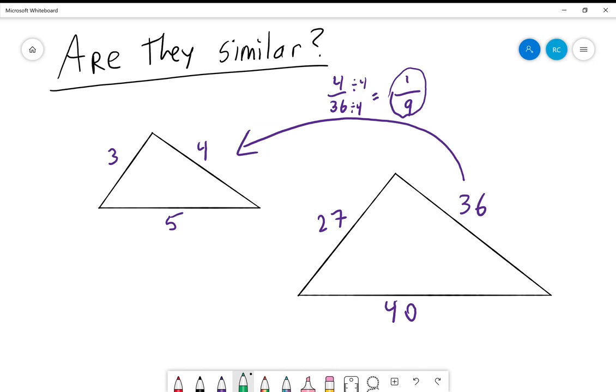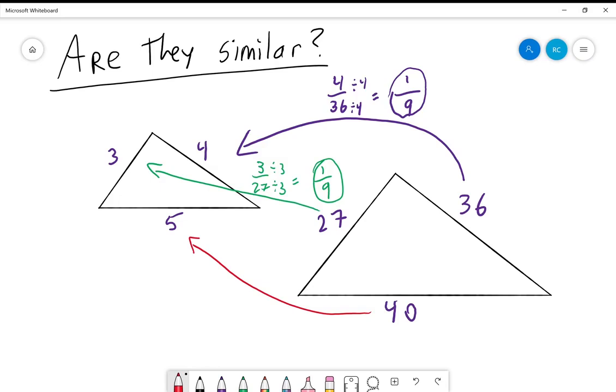Okay, so let's take a look at this second ratio here, 27 and 3. Well, again, 3/27, they're both divisible by 3. We get 1/9 again. So far, so good. How about this last one?